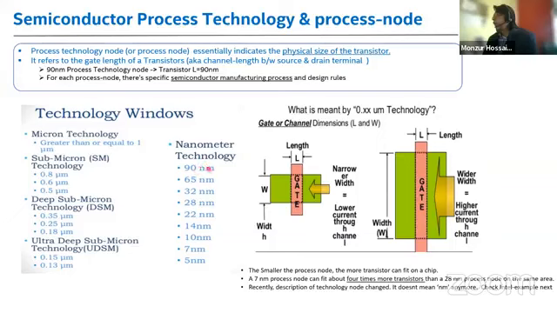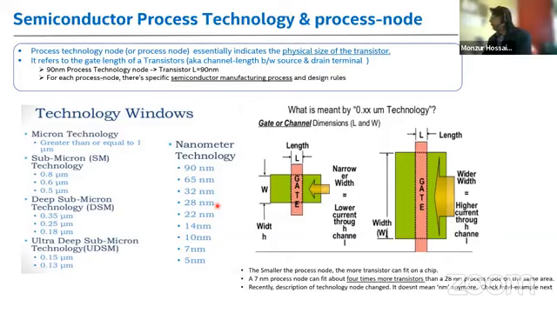These are all naming conventions, or nomenclature, of the transistor gate length, and that's what we use to describe the process technology. The smaller the process node, the more transistors can fit into the same chip. A 7 nanometer process node can fit about 4 times more transistors than a 28 nanometer process node on the same chip.